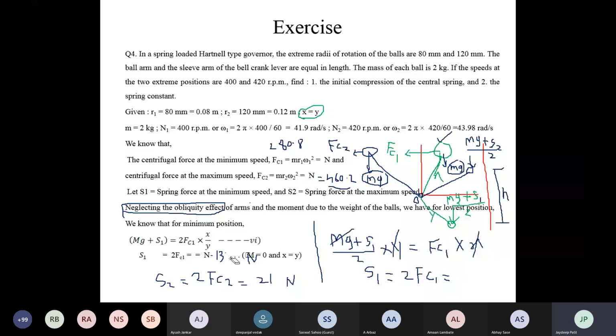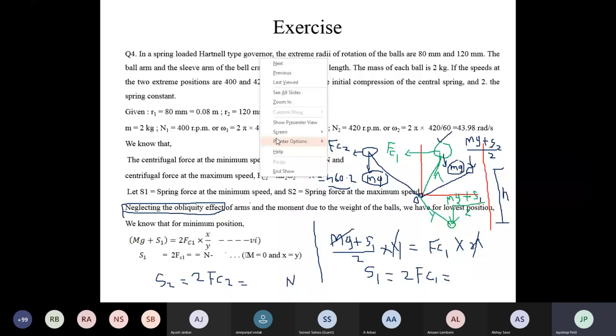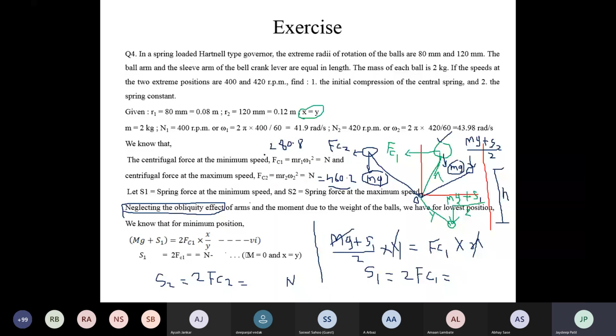Do the calculations yourself. How much is S1 coming? Now it will double. S1 is 561.6. Yes, correct.